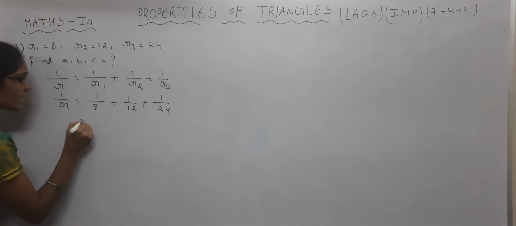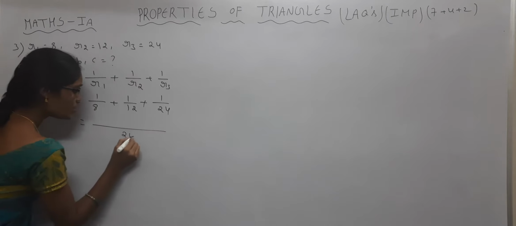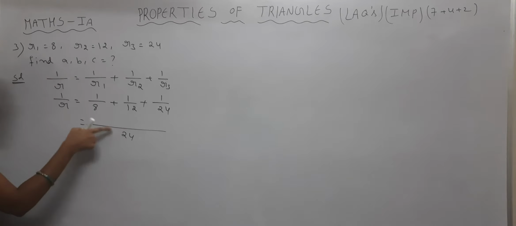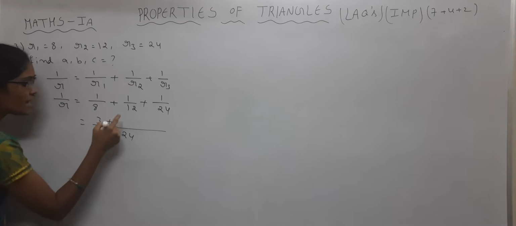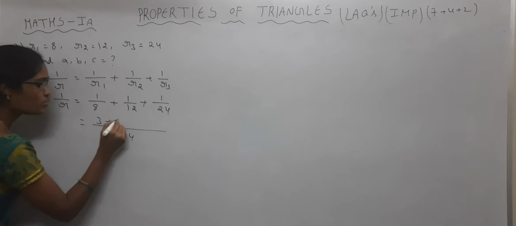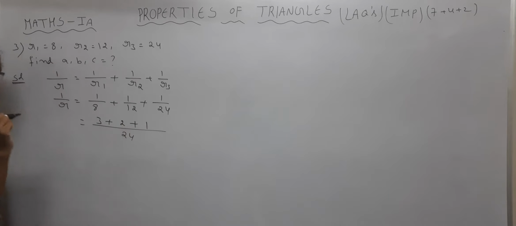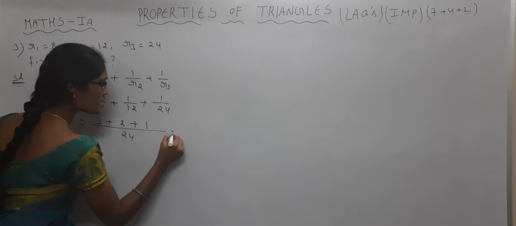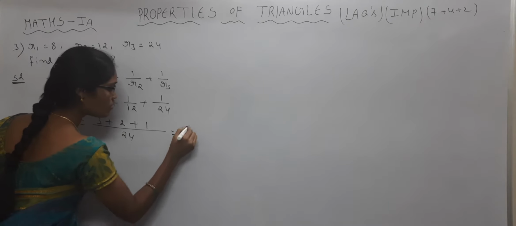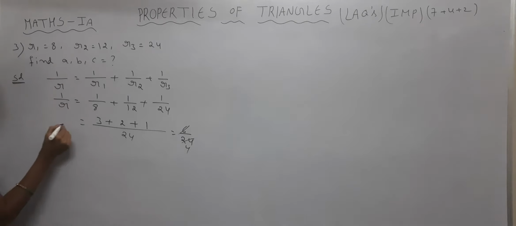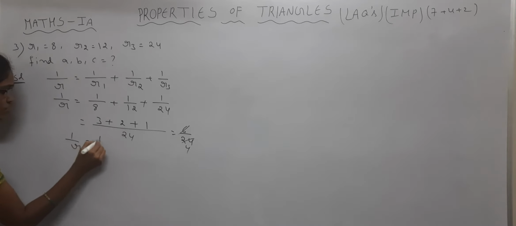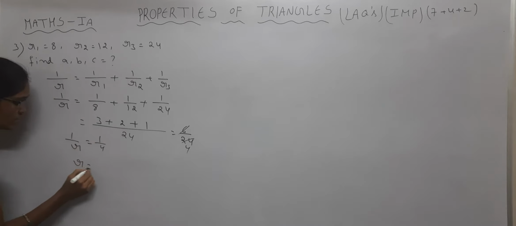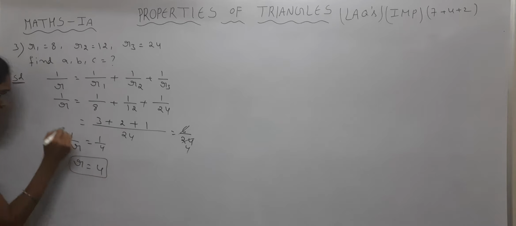Now take the LCM. LCM is 24. 8 threes are 24, 12 twos are 24, and 24 ones are 24, so 1. So 3 plus 2 is 5, 5 plus 1 is 6. So 6 by 24, 6 ones are 6, 6 fours are 24. So 1 by R is equal to 1 by 4, then R is equal to 4. So you get the R value.